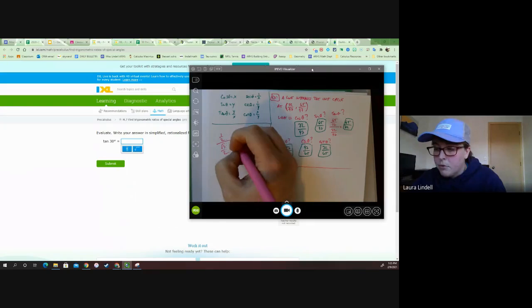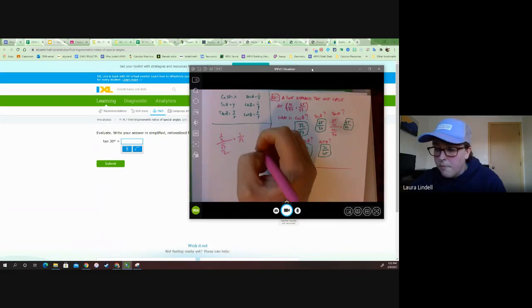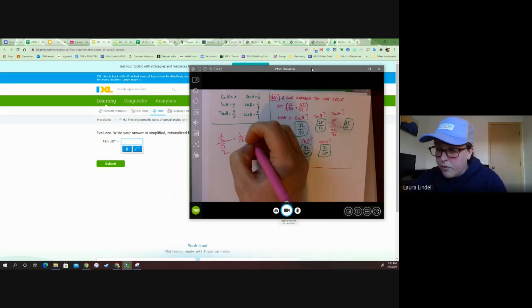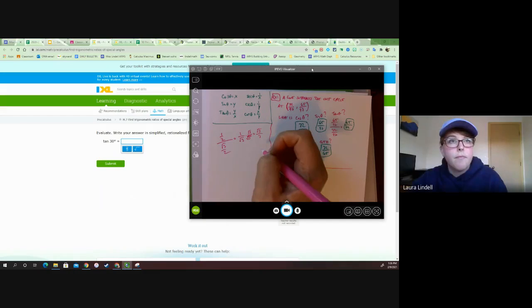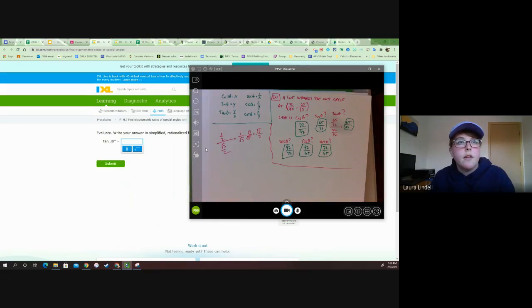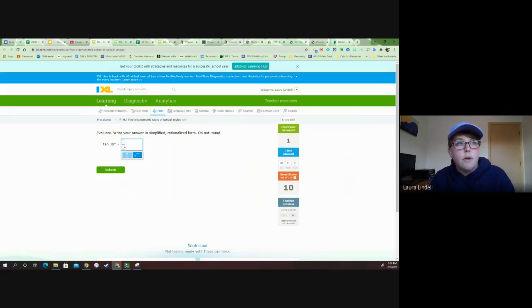When we flip and multiply, we get 1 over root 3. So we have to rationalize that, multiply by root 3 over root 3 to get root 3 over 3. So we grab our fraction, root 3 on the top, 3 on the bottom.